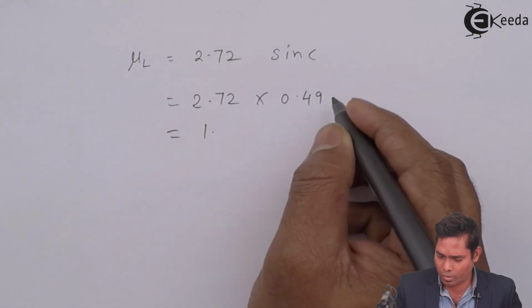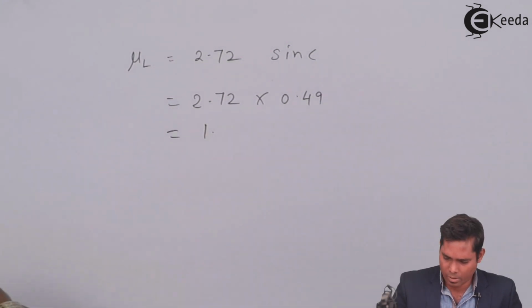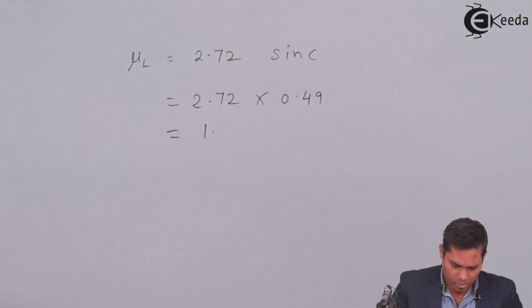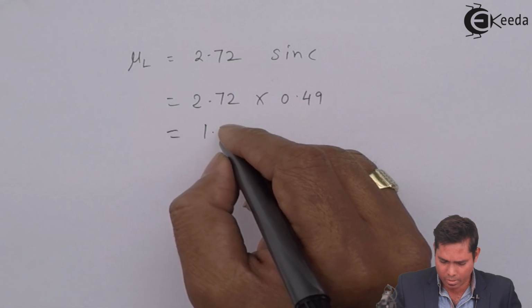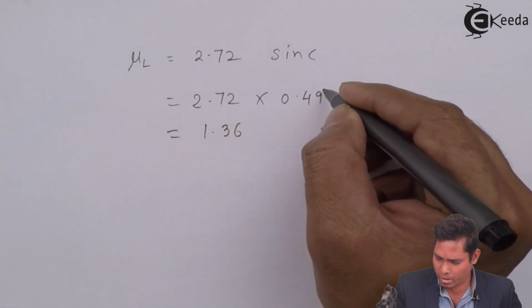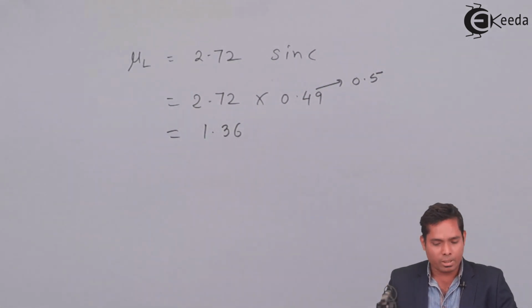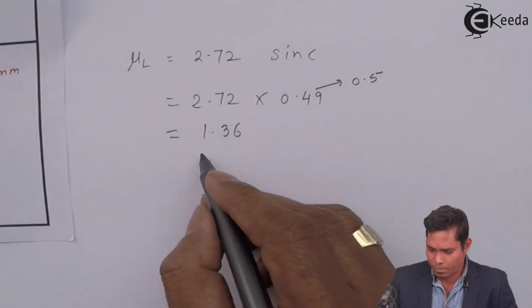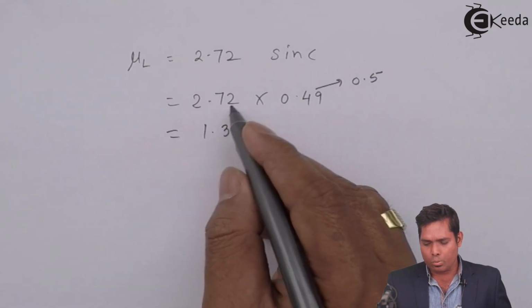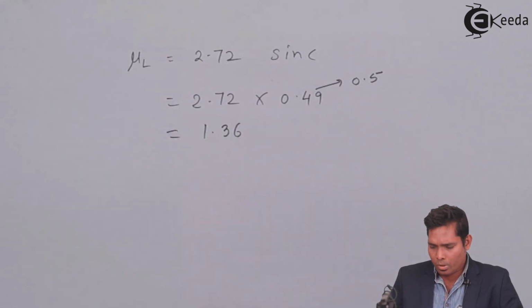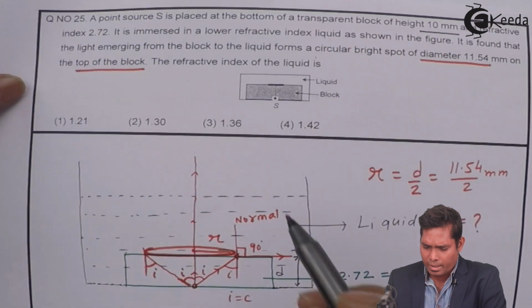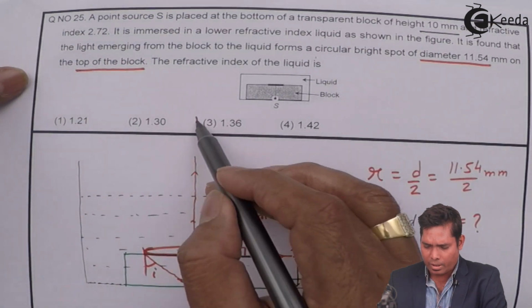Or if I go for 0.5, then 2.72 into 0.5 is 1.36. You can make it 0.5 for better approximation. Then this is 1.36 because half of 2.72 is 1.36. If I see the options, then 1.36 is here. This is the correct answer.